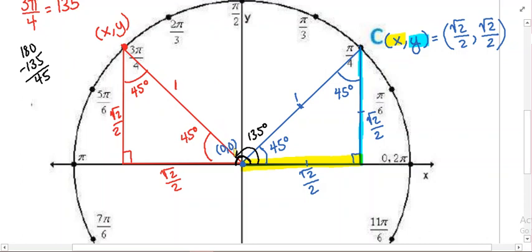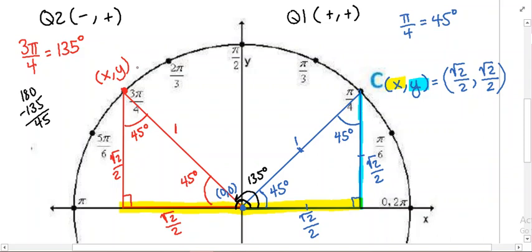So let's go ahead and travel from the origin, and in the x direction, we go this far. So we have to go a distance of the square root of 2 over 2. That is the horizontal distance we travel. So the x coordinate is going to be the square root of 2 over 2. But since we're in the second quadrant, the x coordinate has to be negative. So it's going to be negative square root of 2 over 2.